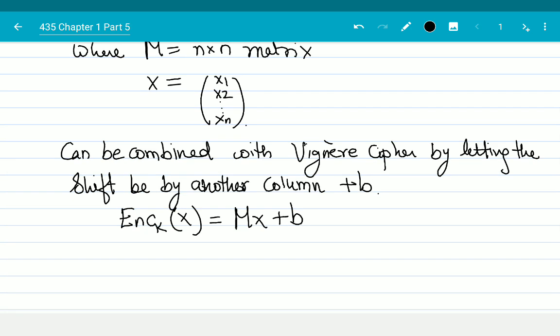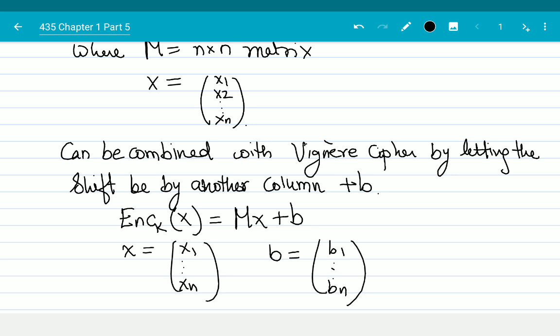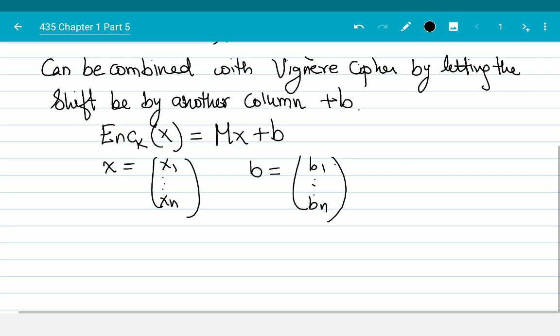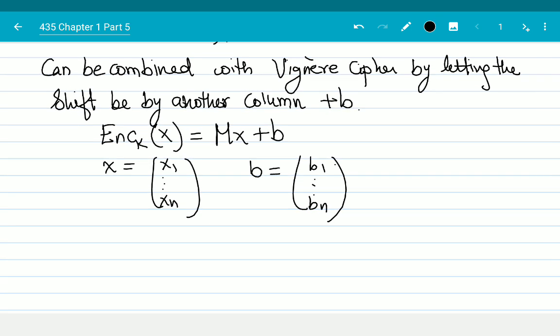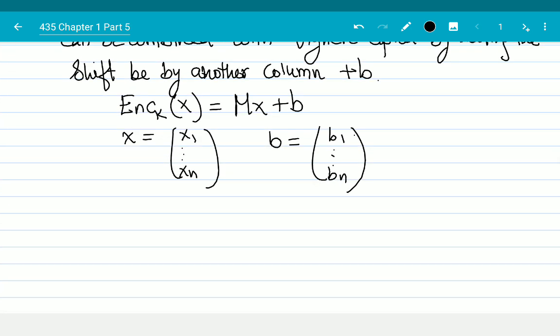And then my x is a column x1 to xn, and b is a column b1 to bn, where you're shifting the first letter by b1 places, second letter by b2 places, and so on and so forth, nth letter by bn places. So last time we saw, if the matrix was 2x2, how to invert.